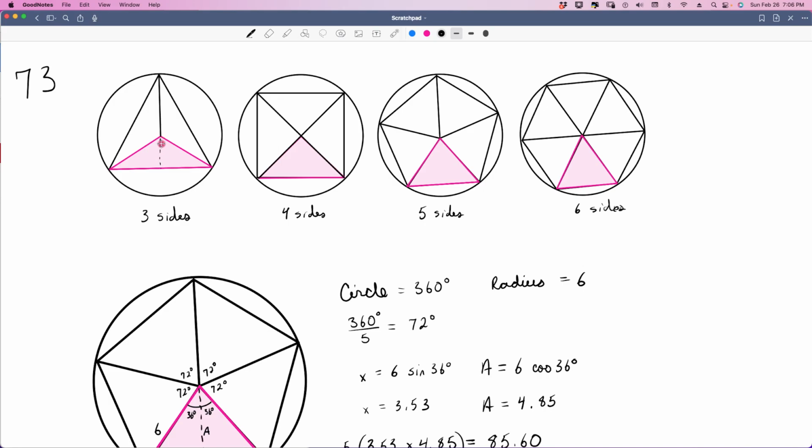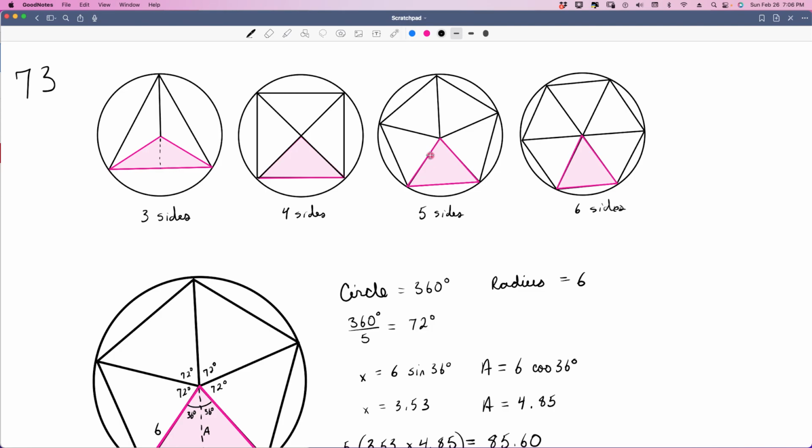This is called your apothem. All right, and this is what we're going to use to find the area of your regular polygon. We're going to take any regular polygon and divide it into regular triangles, find the area of that triangle, and then multiply it by the number of sides.